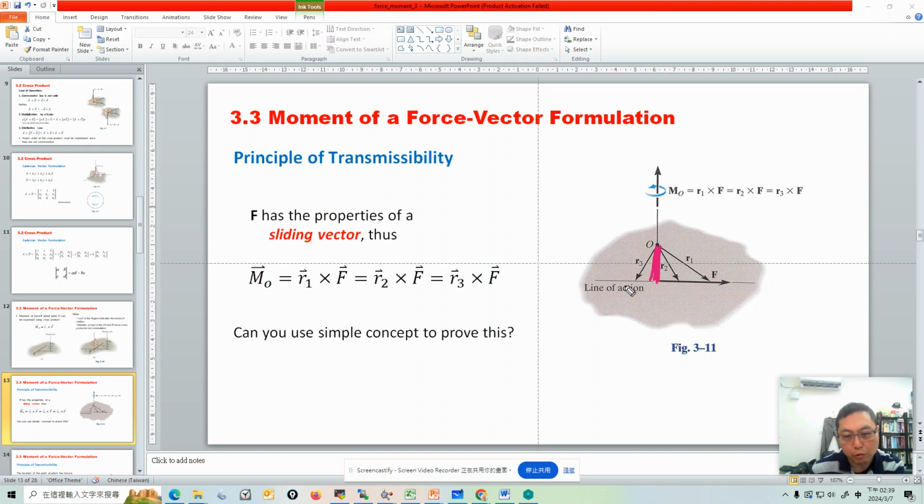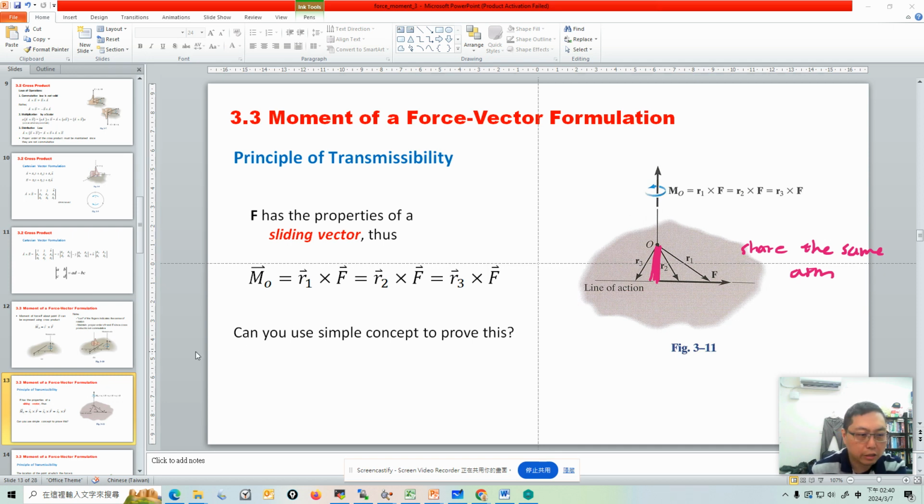If we pretend it's a 2D case, r1, r2, r3 all have the same moment arm with respect to this force vector. Since the force vector is the same, the moments r1 cross F, r2 cross F, r3 cross F produce the same moment vectors.